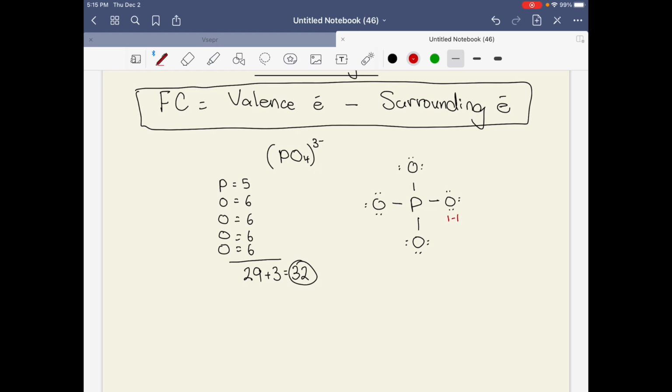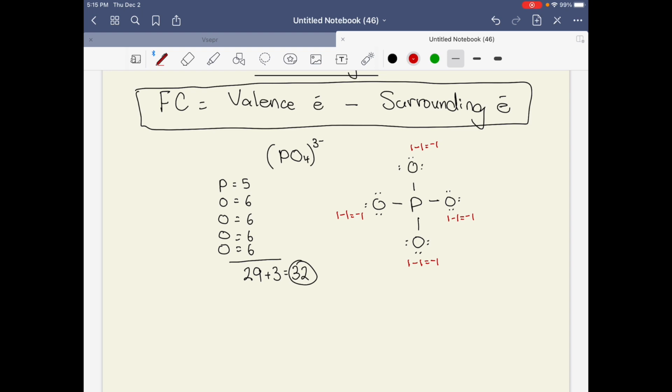1 minus 1. This is going to be negative 1. 1 minus 1. This is going to be negative 1. 1 minus 1. This is also going to be negative 1. And 1 minus 1. This is also negative 1. Okay, this is negative 4 already. What that means is that phosphorus is probably going to be positive 1. Let's see.